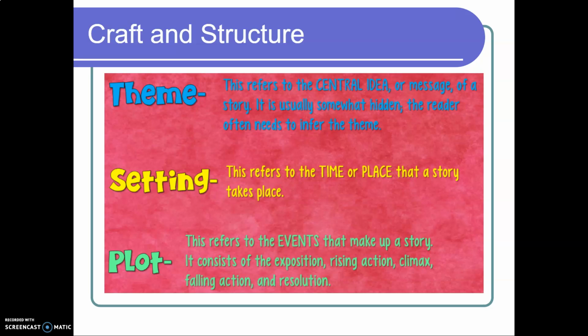They could change time periods if the character is having a flashback of something that happened earlier in their life. And then your plot we looked at yesterday also. That's your story mountain or your plot. That includes the exposition, the rising action, the climax, the falling action, and the resolution. Each of those parts are events that take place in the story.